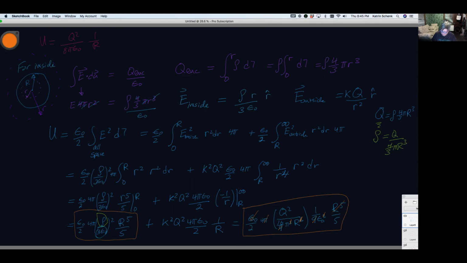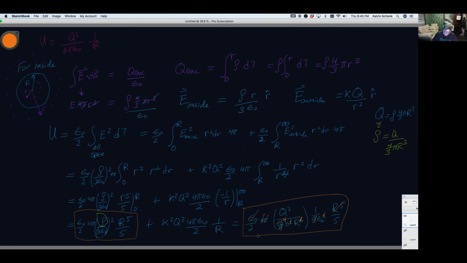The 16 can be divided by the 4, so we have 4, and this will give me 4 instead of 16. What I'm going to do is just write the results of all this here. Now this 2 times the 4 is going to be 8.